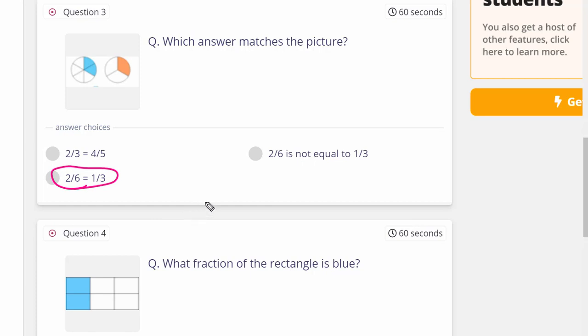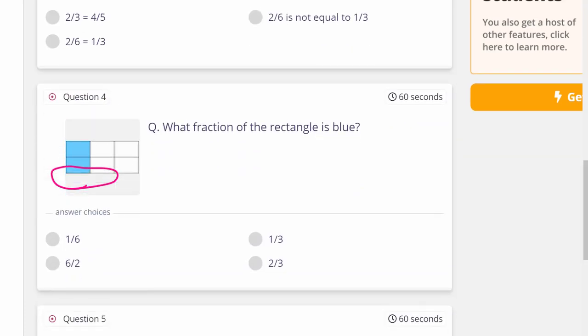Okay, my heroes, because we don't have enough time, I will tell you the answers for the next two questions. In this question, what fraction of the rectangle is blue? This is 2/6, my heroes, but we don't have 2/6.